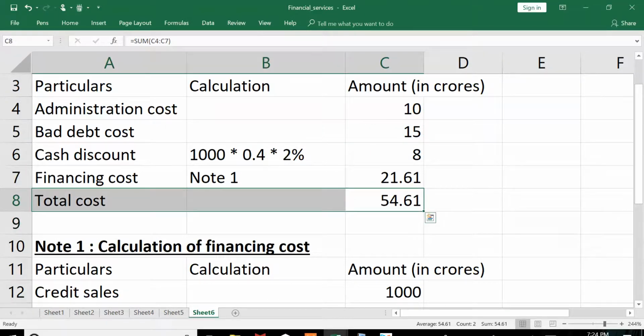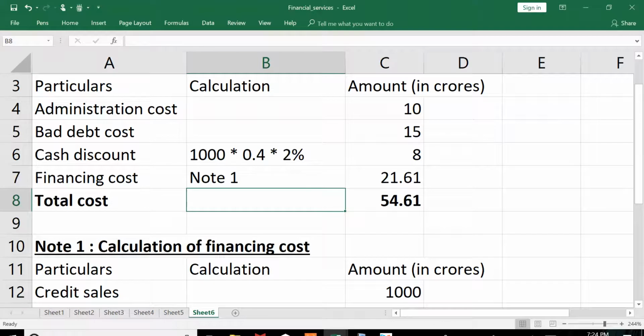In the in-house management, I end up spending 54 crore rupees. That's the amount we are spending on in-house management of receivables, 54 crore rupees.